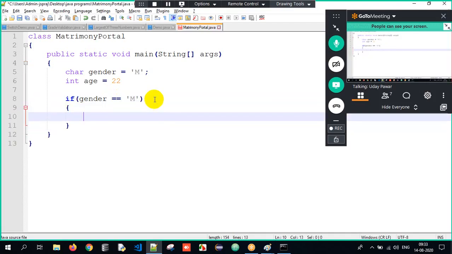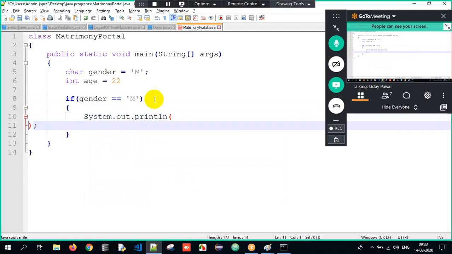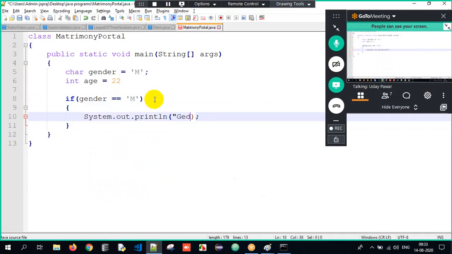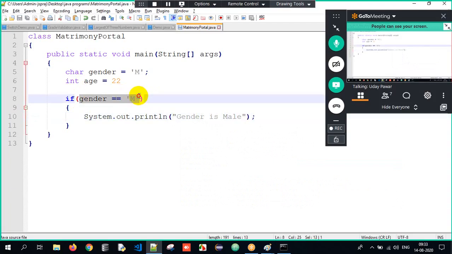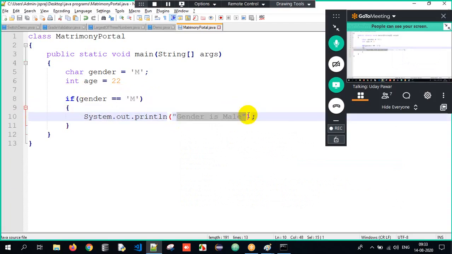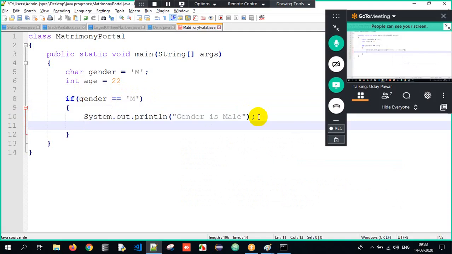So what did you understand here? System.out.println, and here I'll write: gender is male. Gender is male because it's true, correct? So if gender equals male, gender is male. Now I have to check his age.